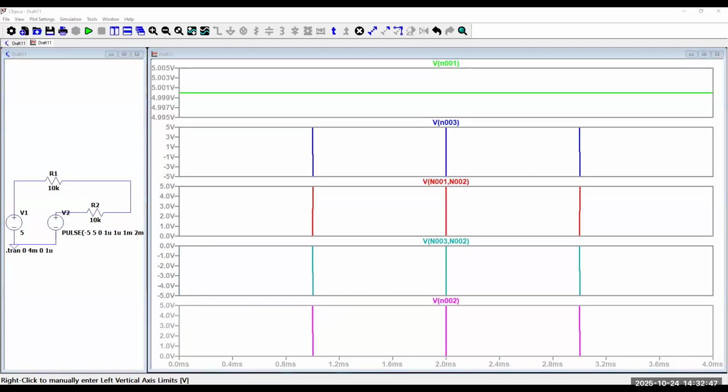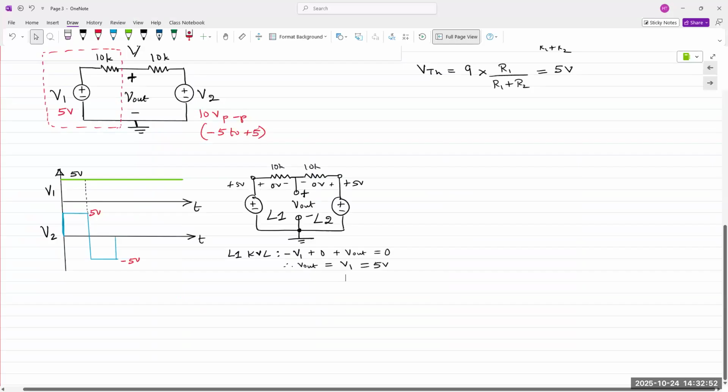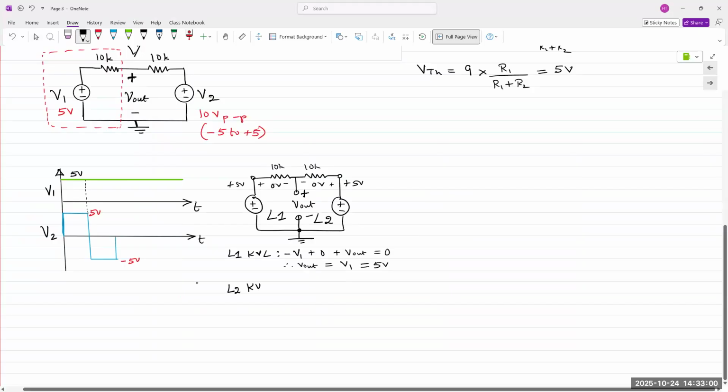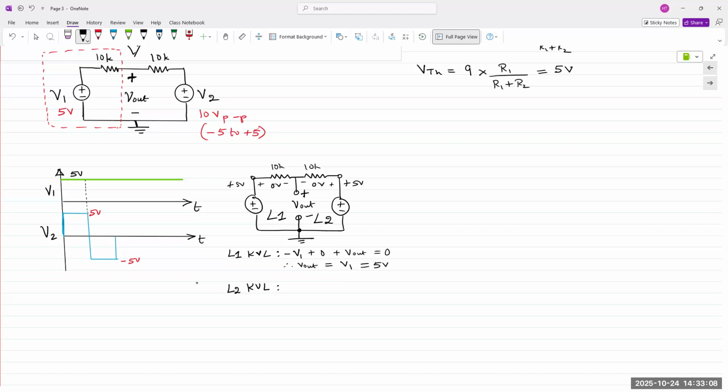Let's go back to here. And I can prove this by applying KVL to loop 2. KVL is a law of physics, inviolable, based on conservation of energy.